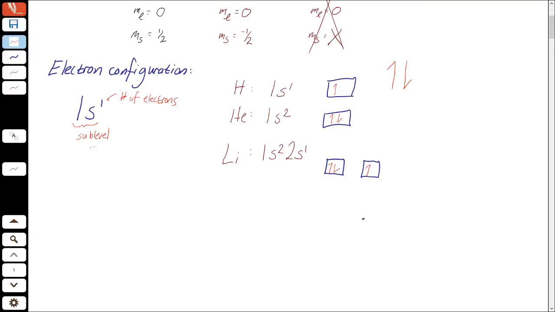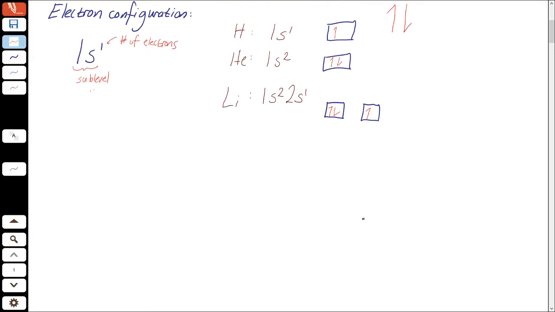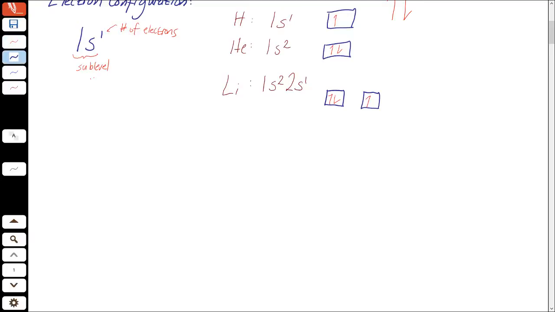So if we have an atom with a lot of electrons, or just multiple electrons, let's say we have, here's our nucleus. Let's say it's a lithium atom. So there's 3 protons in our nucleus.